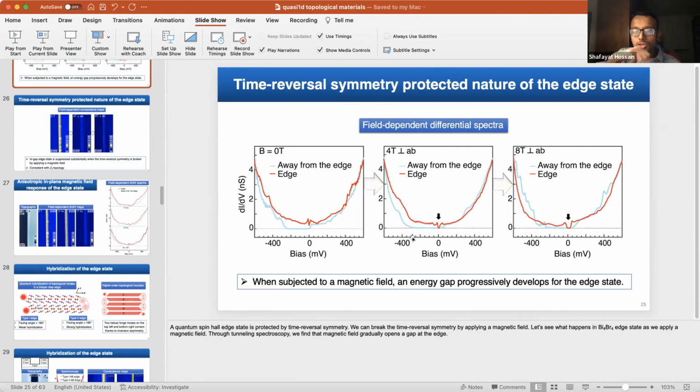But from 0 to 4 Tesla, it's pretty clean. Your gap is open, it is bigger, right? I think so, but I still need to define it.